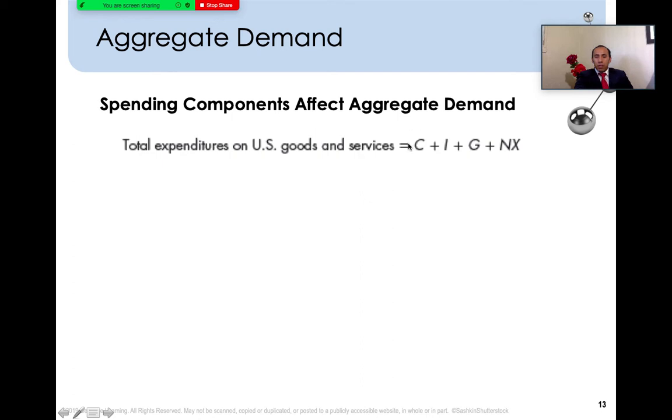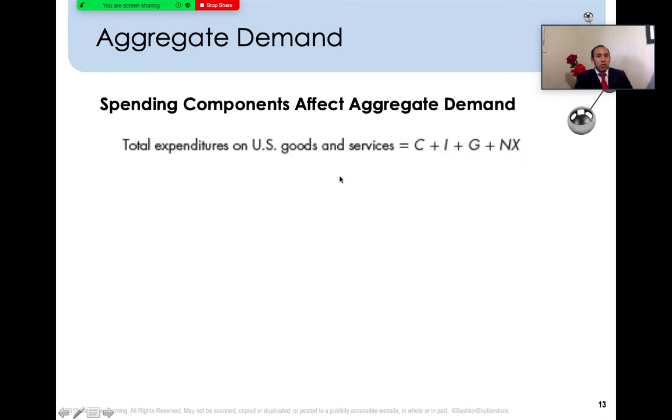And that comes from the consumers, consumption by households, plus the investors that invest and spend in the economy, plus government spending on goods and services, plus the net exports that are consumed by the foreign sector or the imports that come into the country. Aggregate demand is going to be equivalent to all of the consumption by the consumers that we are demanding at the aggregate level, plus the investors' spending, plus the government expenditures, plus the net exports.